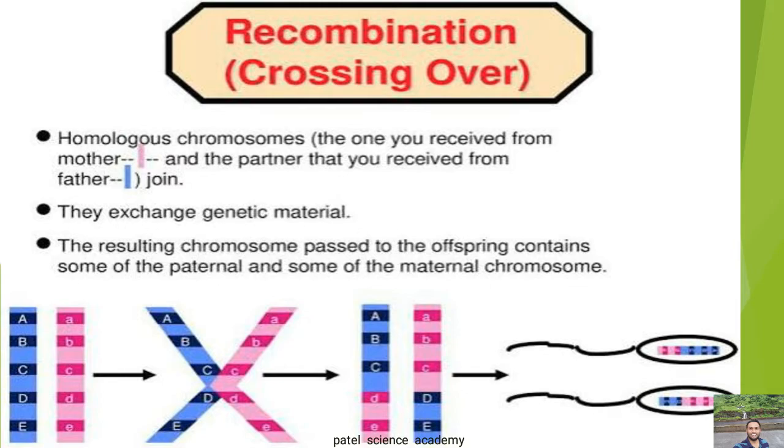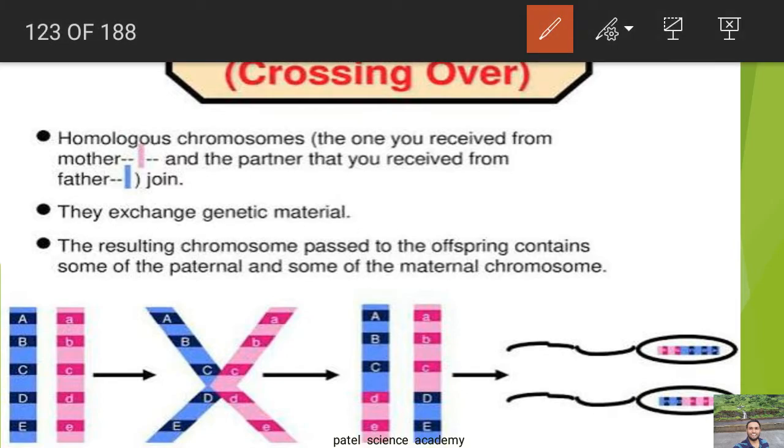So dear students, the homologous chromosomes, the one you receive from your mother and the partner that you receive from your father, they join. So what is happening in crossing over? The homologous chromosomes from the mother and the father join together to give you the recombination or new combinations.